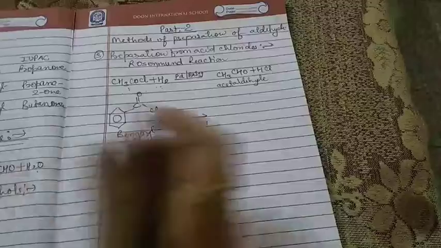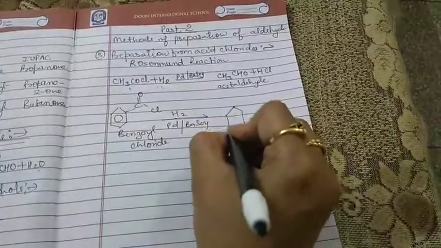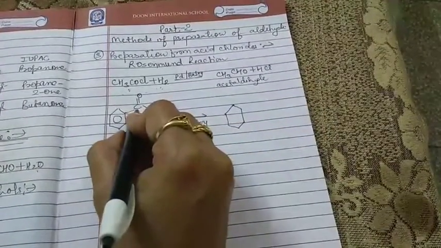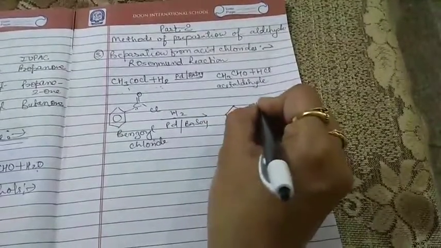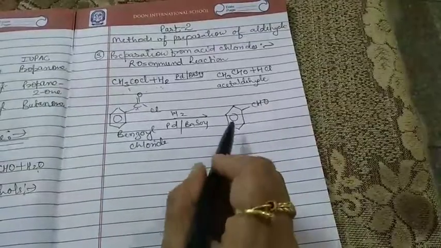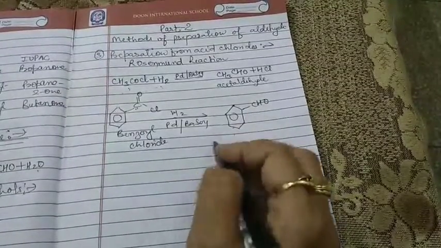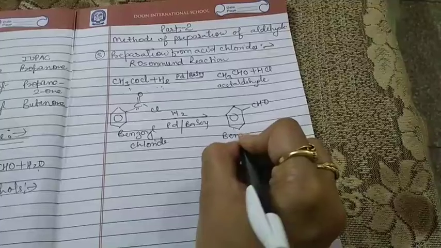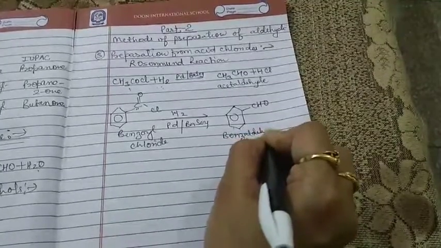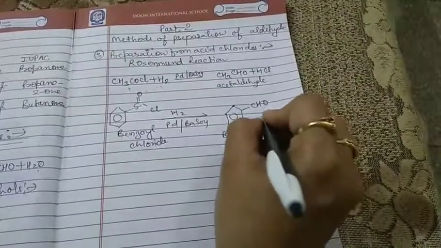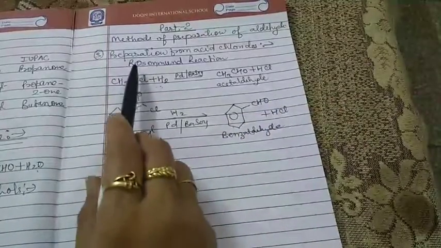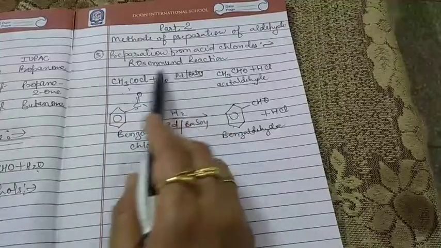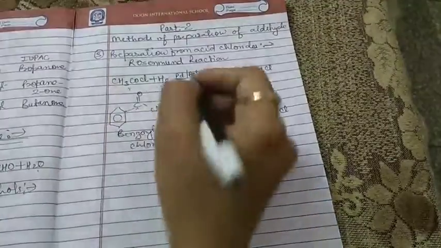Now H is attached here, so we get CHO, and we all know that when the benzene ring contains CHO, it is called benzaldehyde, plus we get HCl. It is a reduction reaction, a naming reaction, called the Rosenmund reaction.